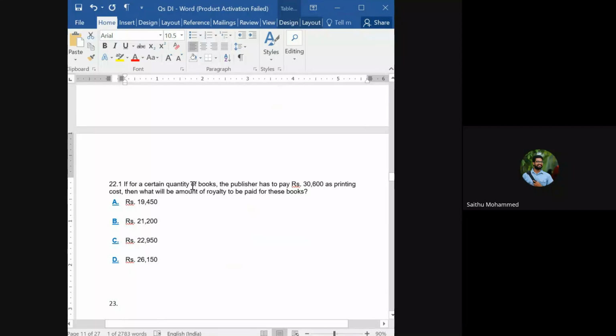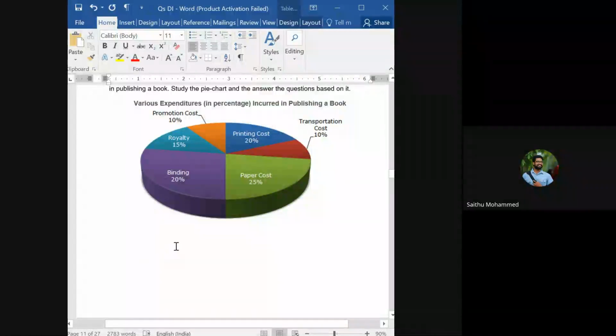Okay, here see, for a certain quantity of books, the publisher has to pay 30,600 as printing cost. Then what will be the amount of royalty to be paid for this book? So I take you to that question which we have discussed about Rahul Singham and all. So same way we have to do this as well. The good thing here is we know the printing cost.